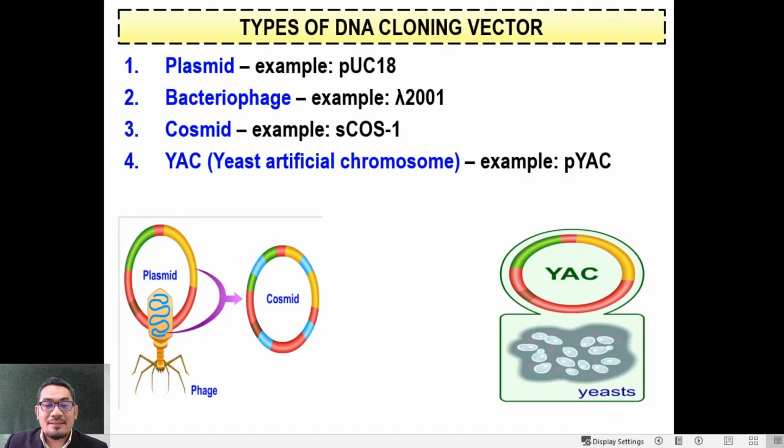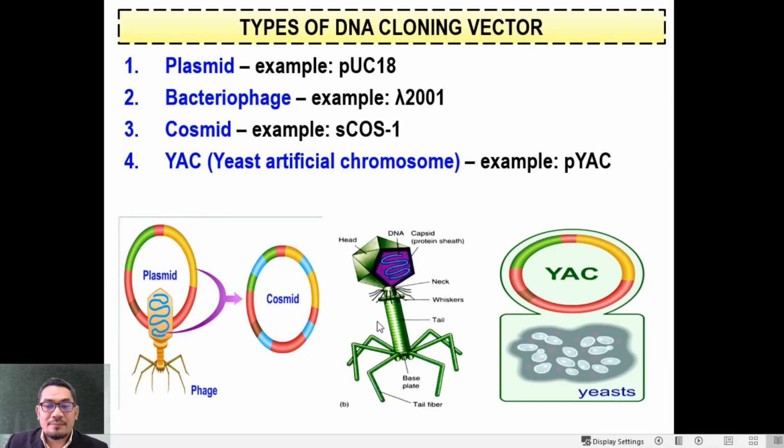This slide shows the types of DNA cloning vector. This is plasmid. This is bacteriophage. This is cosmid, a combination of plasmid with bacteriophage, and this is yeast artificial chromosome.